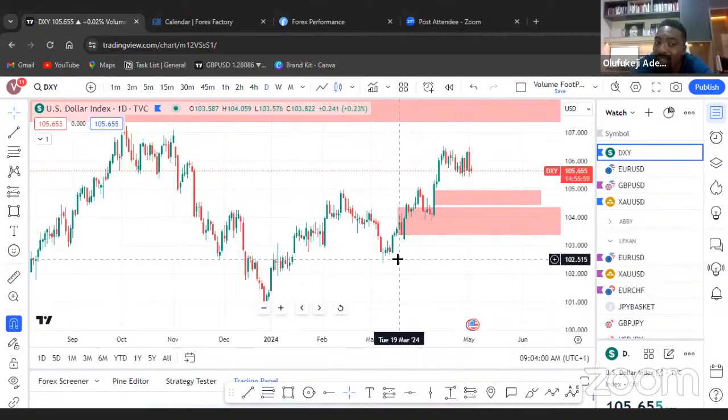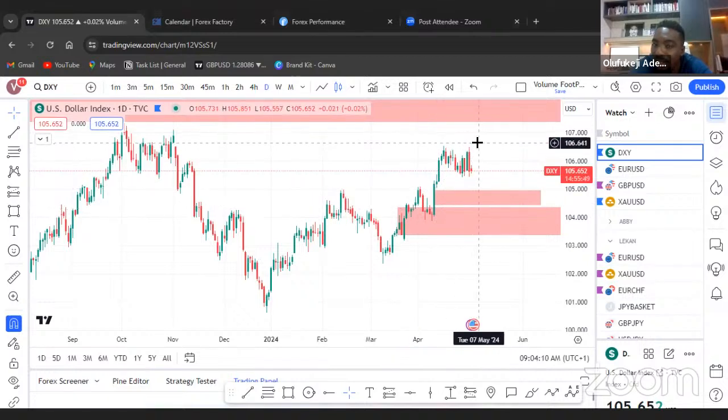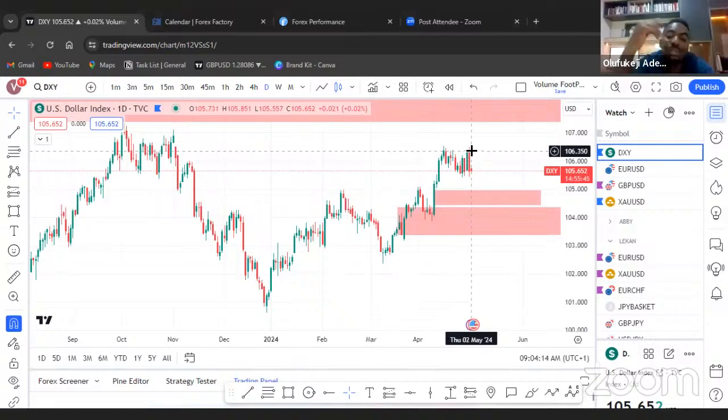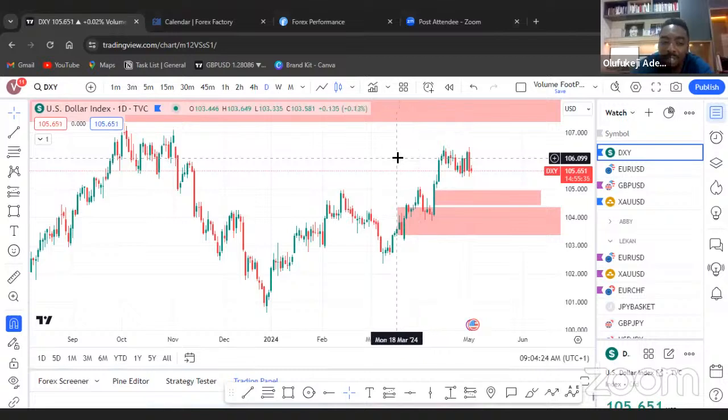If that pattern fails, and price doesn't break below the levels that Lakon has projected or marked, then we are going to see a box pattern failure and price will continue to move to the upside. All right, but that's very unlikely because gold is strong and the other pairs are looking strong, okay?